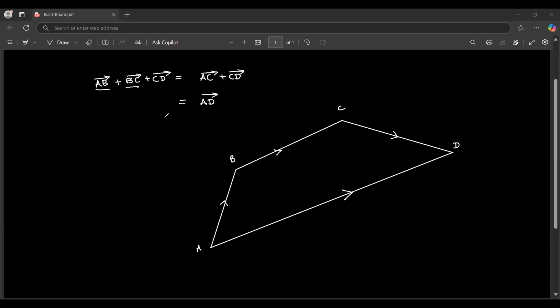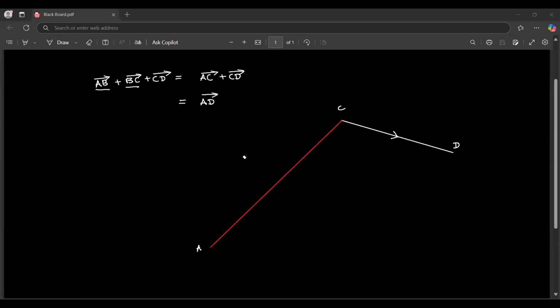Why is that? Well, I'll explain it to you. First of all, let's look at this triangle. We can create a triangle here, and that triangle leaves us with AC. But you should keep in mind that AB and BC are gone. When you add AB plus BC, AB and BC are gone, and now you're left with only AC.